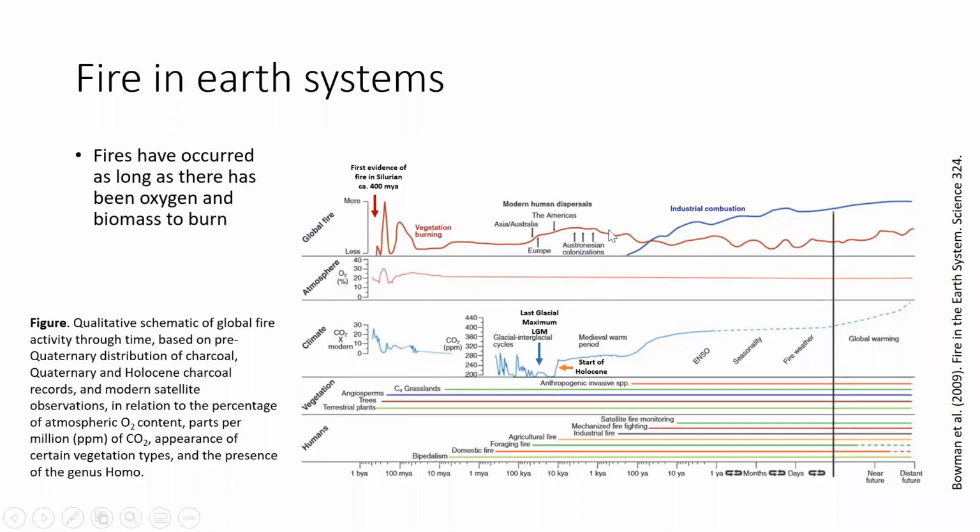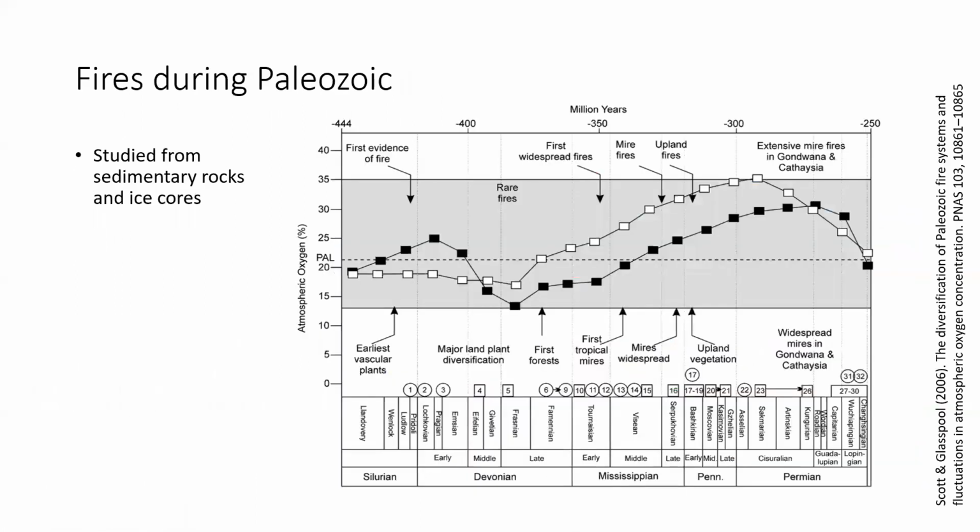So we can see an increase in global fire, then some changes, and then there are indications of global warming and probably increasing fires. But you can see that fire has been part of Earth systems for hundreds of millions of years.